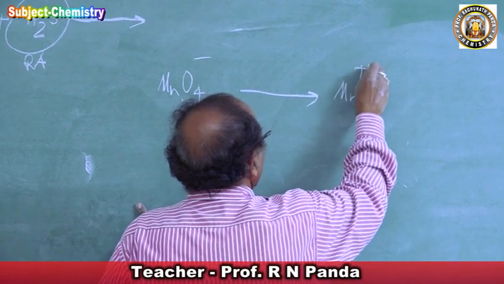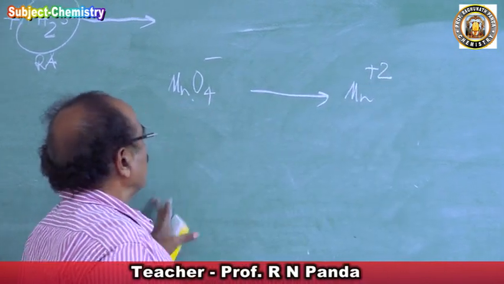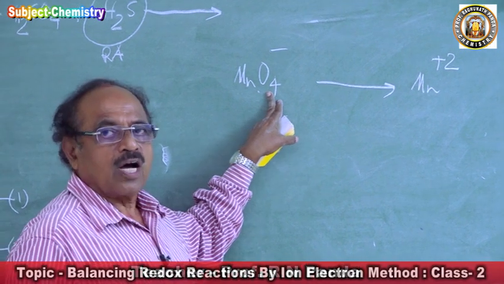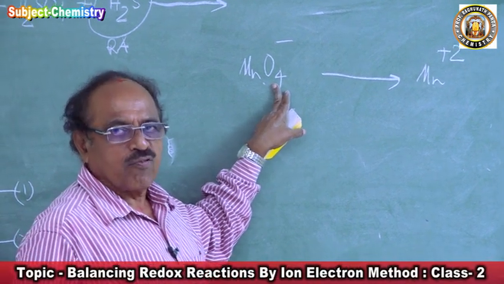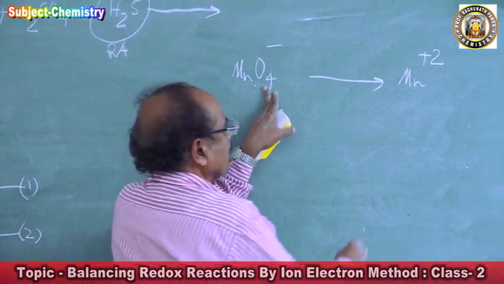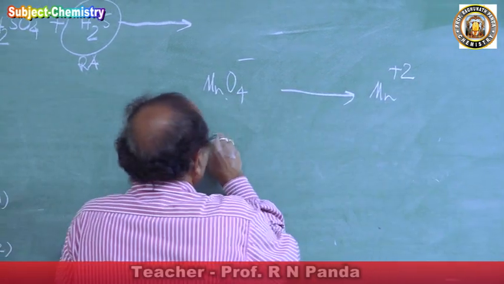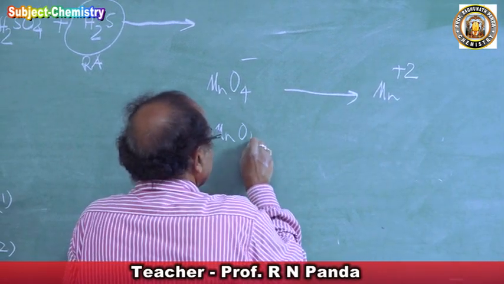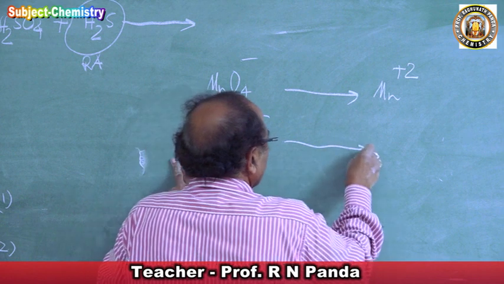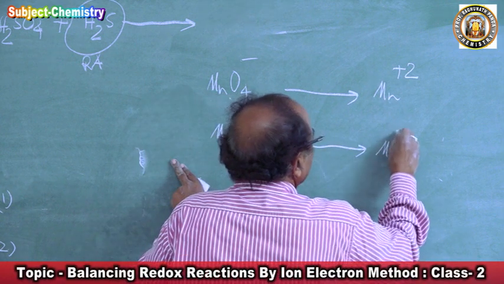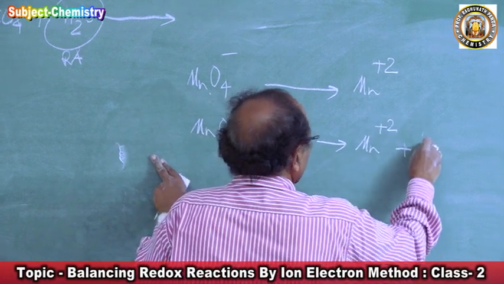Balance the oxygen atoms by adding water molecules. How many oxygen atoms are here? 4. So we'll add 4 water molecules on the other side.